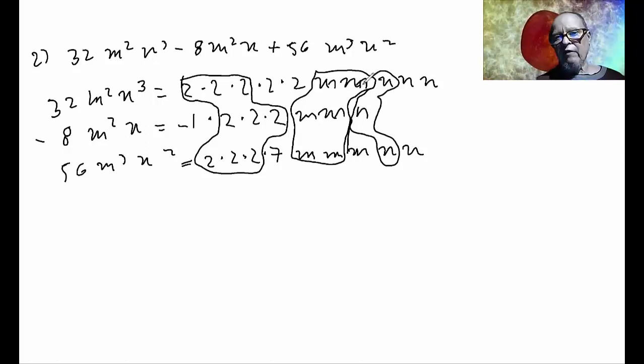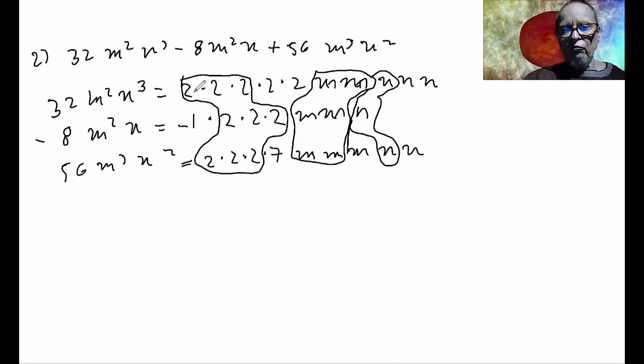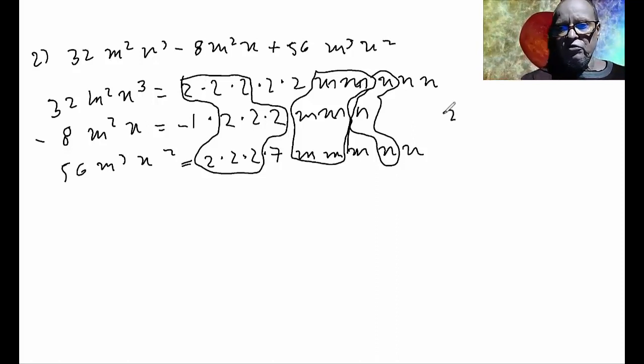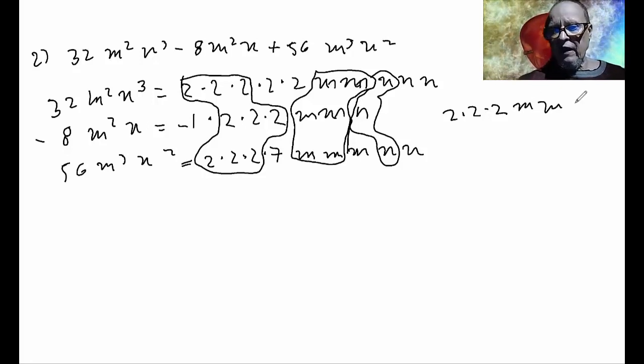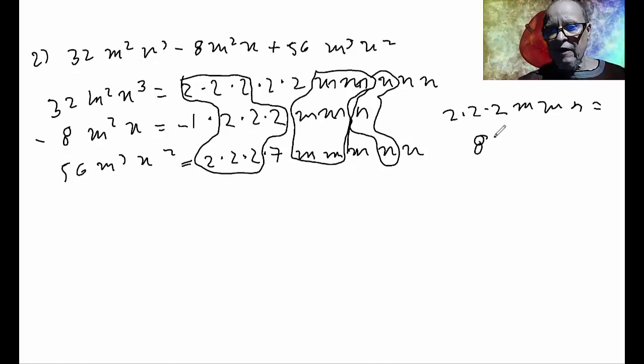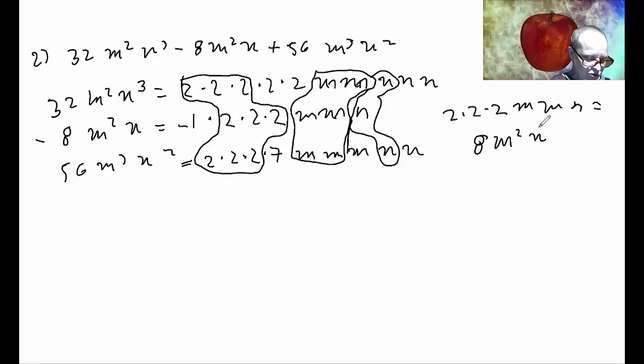And they all have 1 n. So we see that what they have in common is 2 times 2 times 2, m, and then n. And that's equal to 8 m squared n. And that is called the greatest common factor.